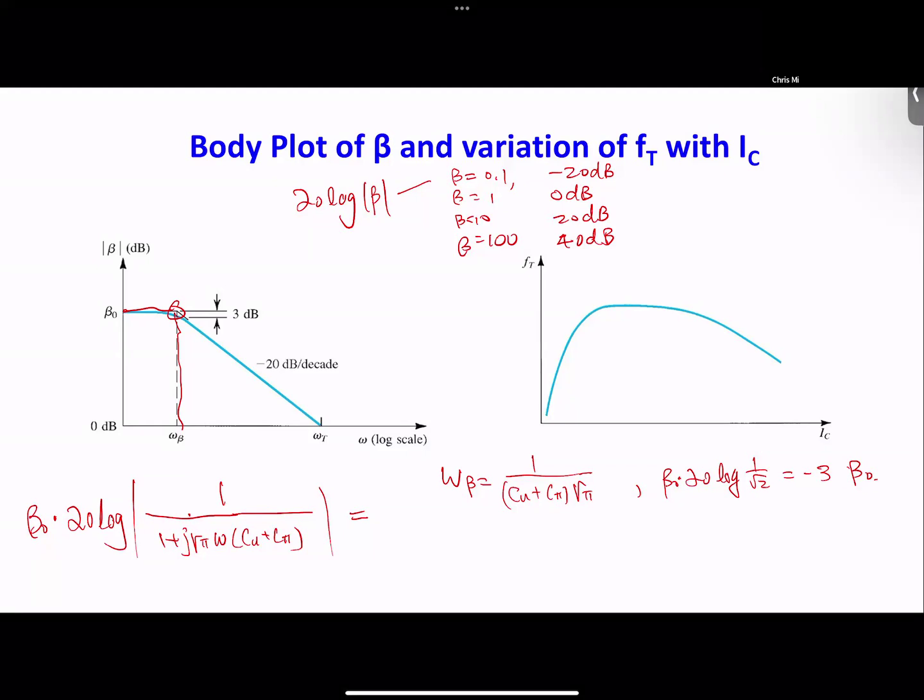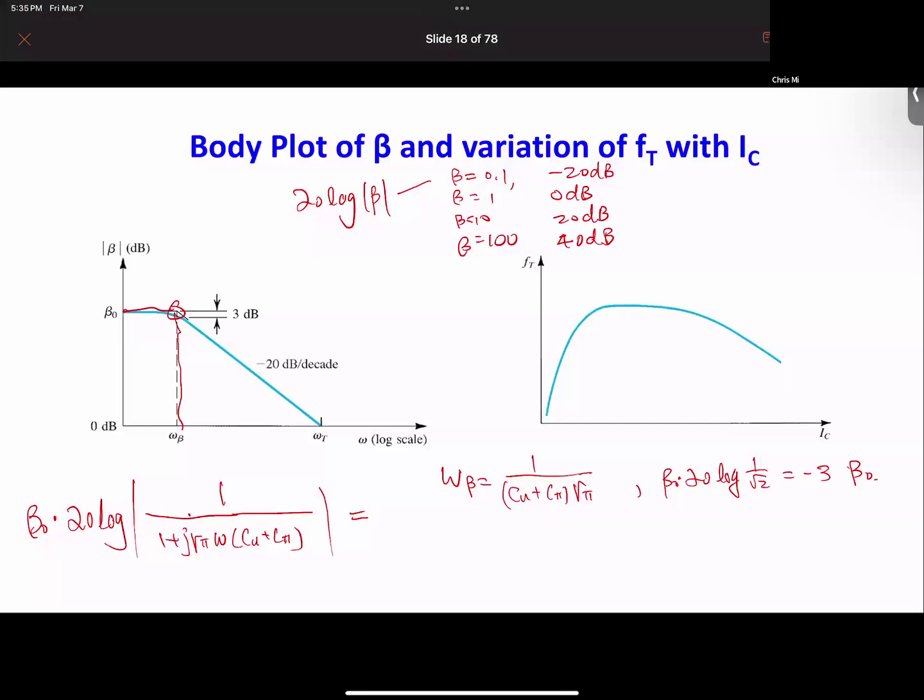Therefore you get 20 log of 1, and if I move beta 0 out, it's not nice, because it should have been beta 0 here. So that's whatever gain you get in the middle band. Let's move the beta 0 inside, because otherwise it's going to look problematic.